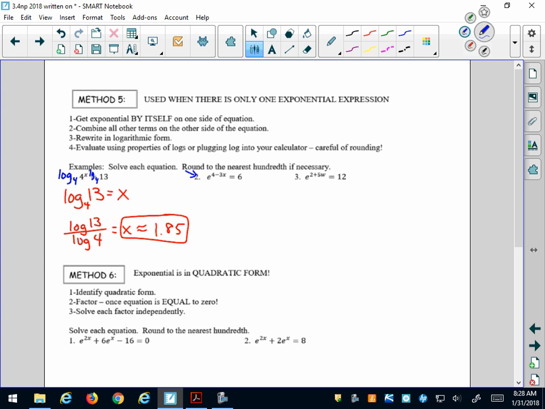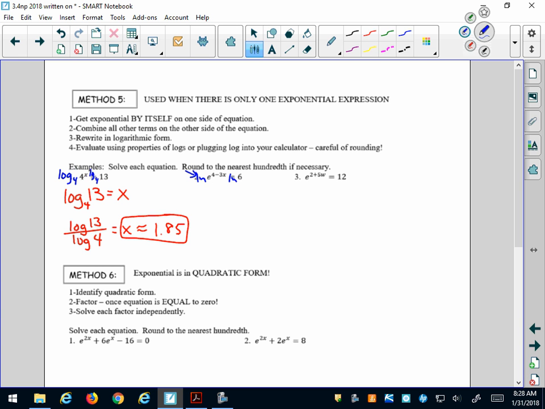Remember when we were solving those equations like the PERT formula, right? Continuous compounded interest. And we had e to the something. Well, what did we do? What did we do to get that something out of the exponent? We took the natural log of both sides. So you can think about this method, you really could think about it the same way.